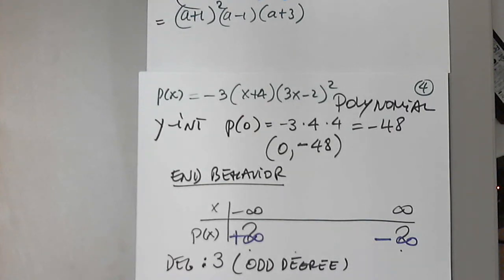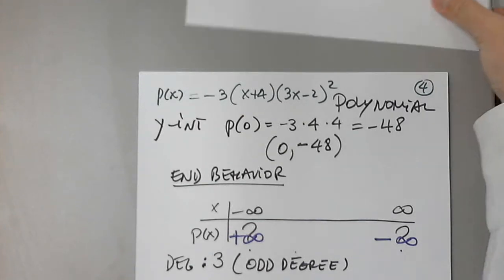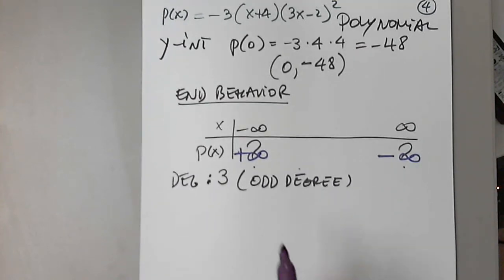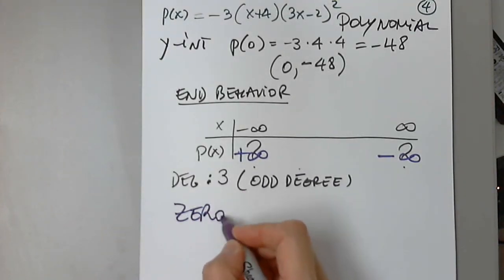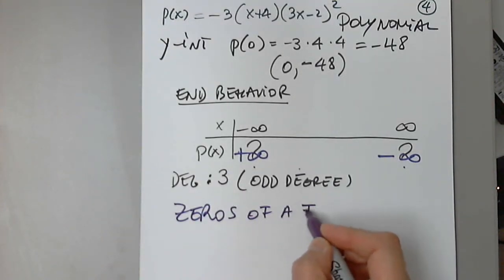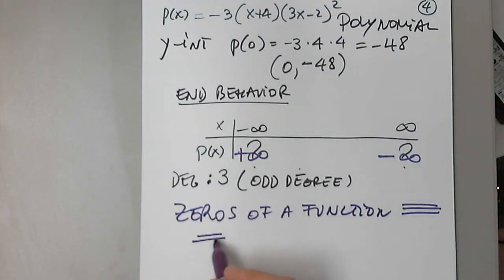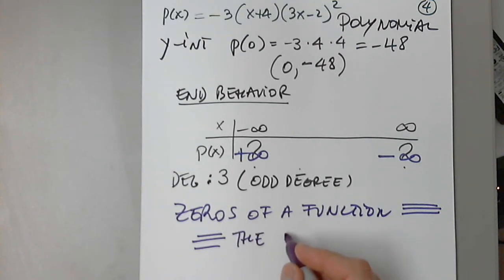Good. So now the next question, determine the zeros. Again, what is a zero of a function? I just mentioned it a minute ago.